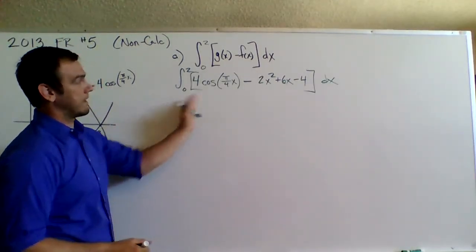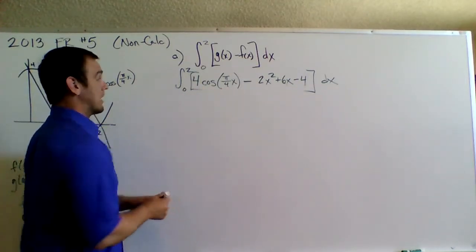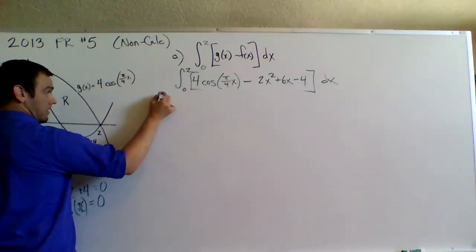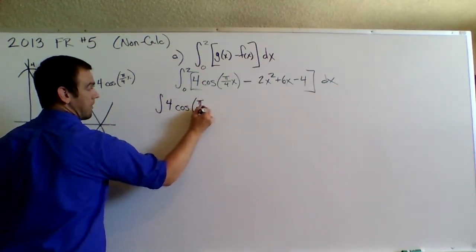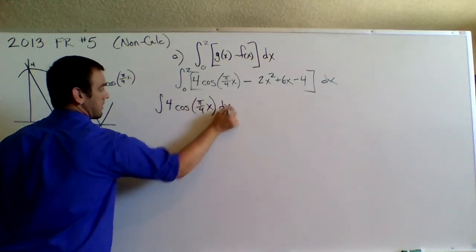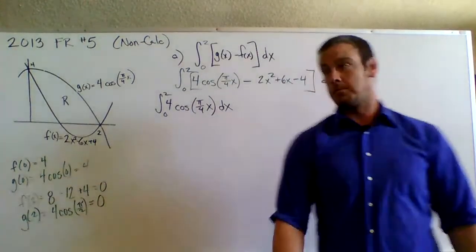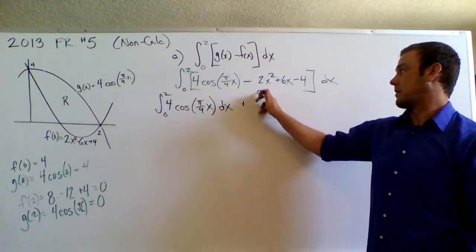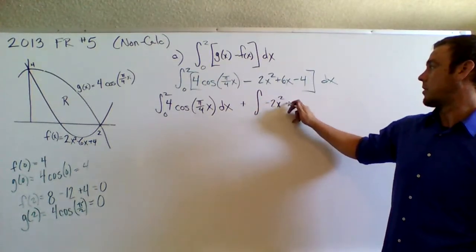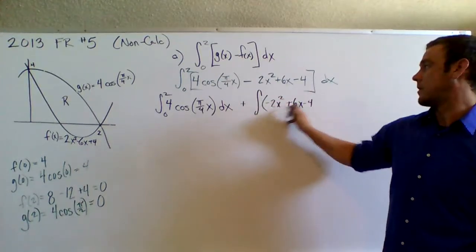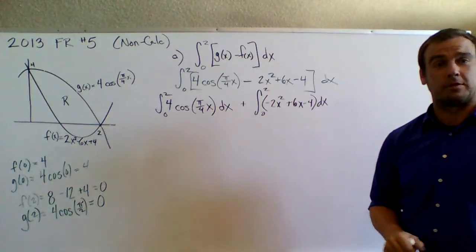Now, when I integrate all this, I'm just going to split this up because this is gross looking. Maybe you need to do some u sub with this. So I've got the integral of 4 cosine of pi over 4x dx, integrated from 0 to 2. And I'm going to integrate all of this next. So I've got plus the integral of negative 2x squared plus 6x minus 4 dx. That should be easy to integrate. Still going from 0 to 2.